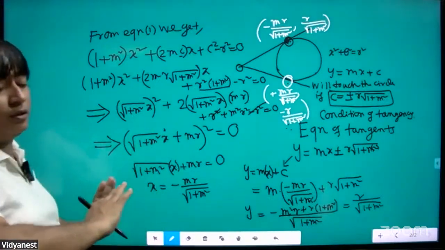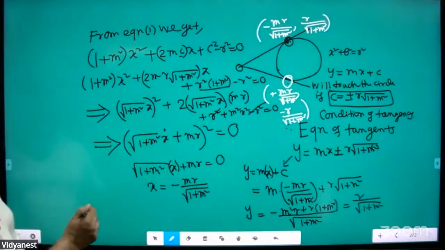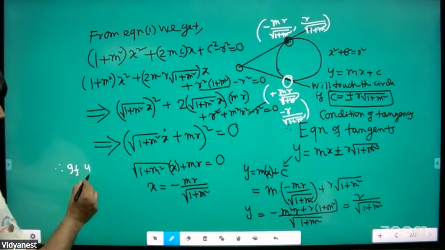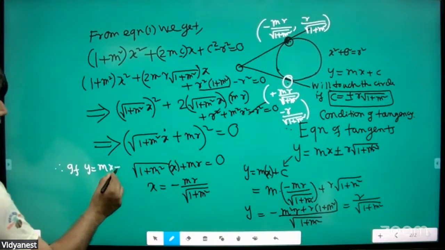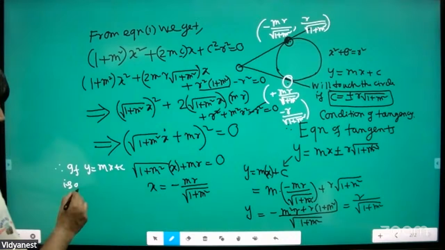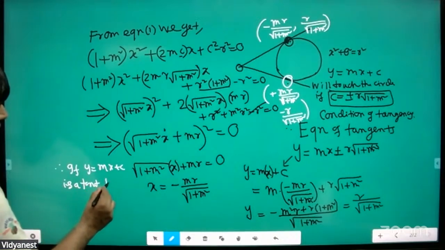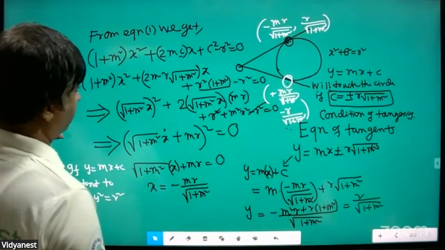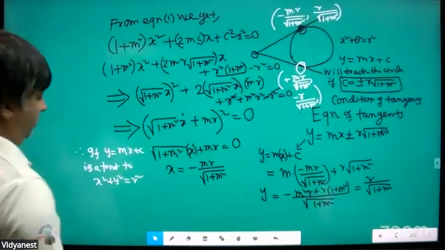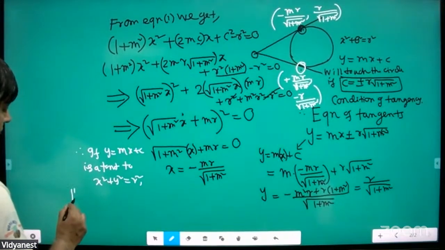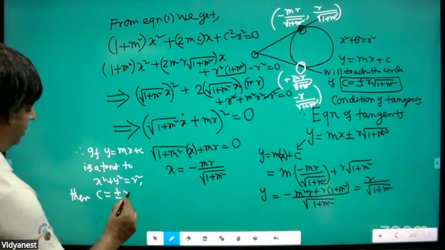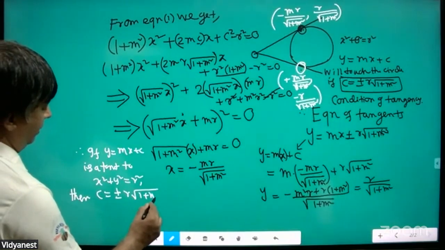So combining the two, we can write: if y is equal to mx plus c is a tangent to x square plus y square is equal to r square, then c will be plus minus r root 1 plus m square.